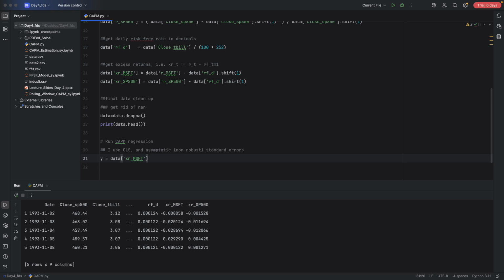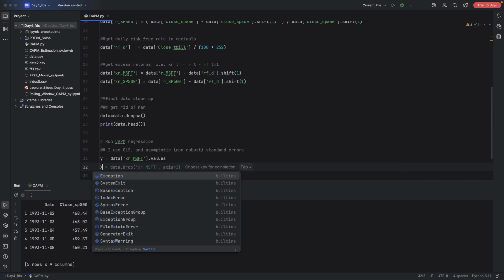Maybe now it does an implicit conversion, but when I tried it a while ago, I had better experience by simply saying, take the values of that column. Which means now I really have a plain array of floating point numbers. And that's what I want.